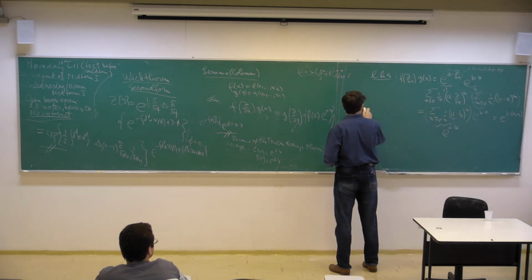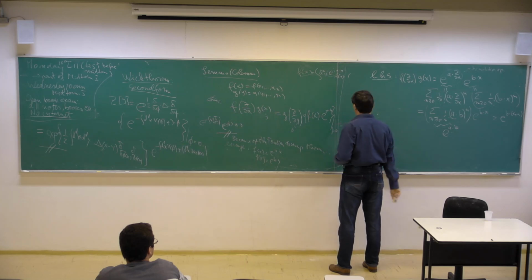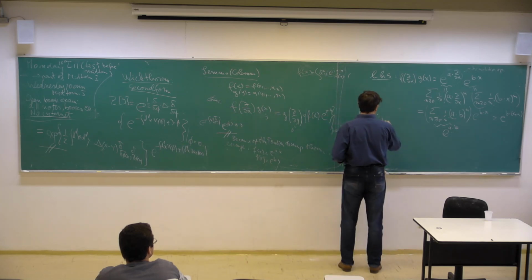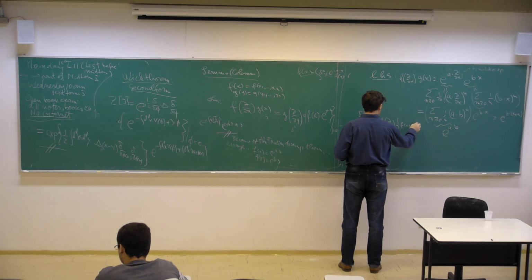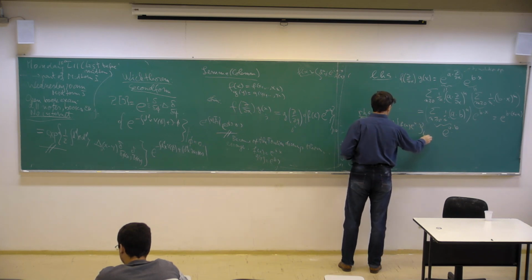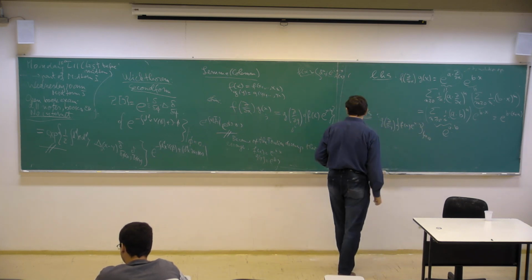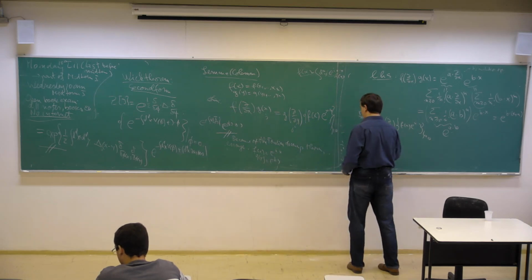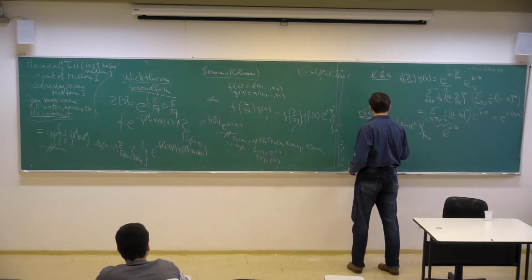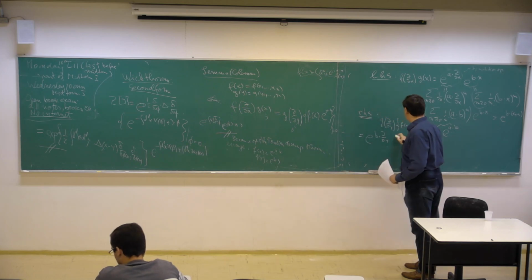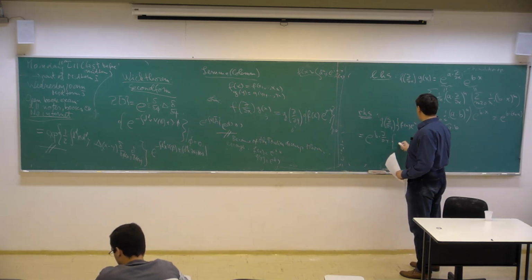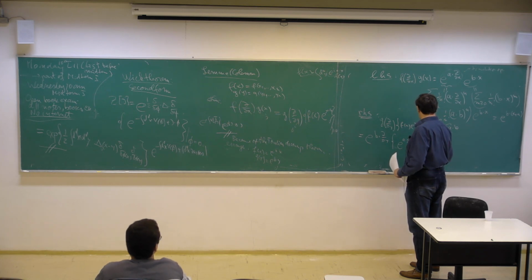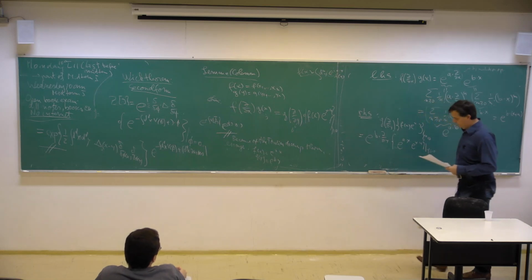And then the right-hand side of this lemma is what? g of d/dy acting on f of x e to the x dot y at y equal to 0, is e to the b dot d/dy acting on e to the a dot x e to the x dot y at y equal to 0.